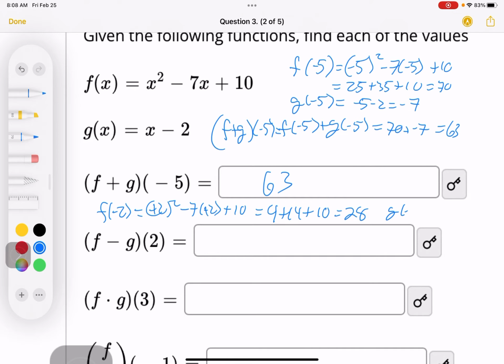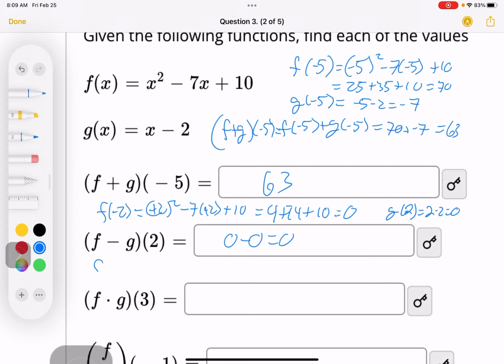So that's positive, so this is negative. Therefore, we have 4 minus 14 plus 10. That's actually 0. G of positive 2 is going to be 2 minus 2, which is 0. So in this case, 0 minus 0 equals 0.